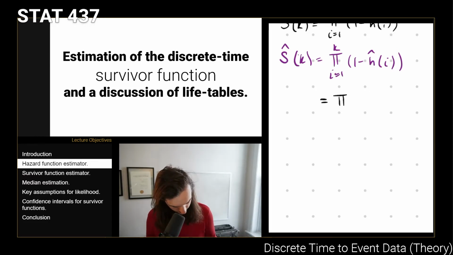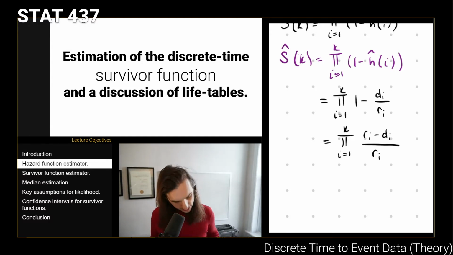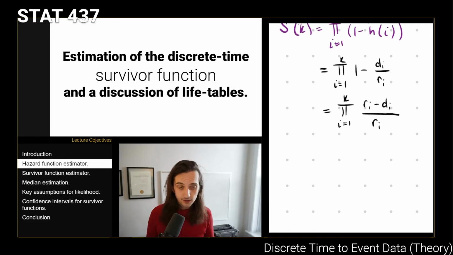So we'll write the product from i equals 1 to k of 1 minus the estimated hazard function, we saw that's going to be 1 minus d_i divided by r_i, which we can rewrite as the product of r_i minus d_i over r_i, right? And that product is from i equals 1 to k. Okay? And so if you think about it, at the first time point here, so we're taking k equals 1, right?